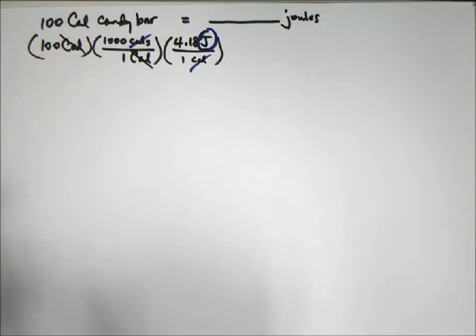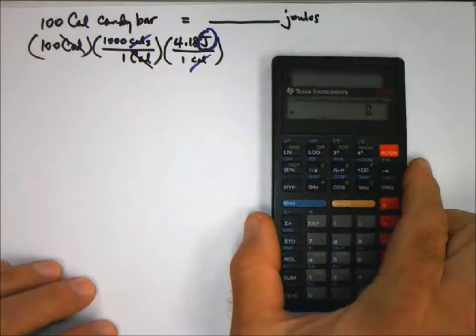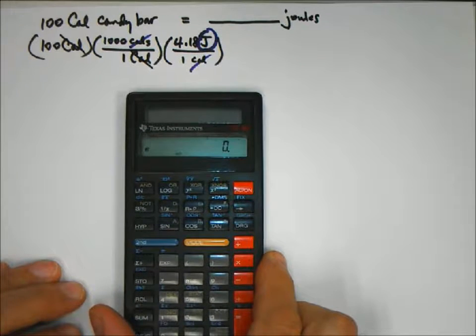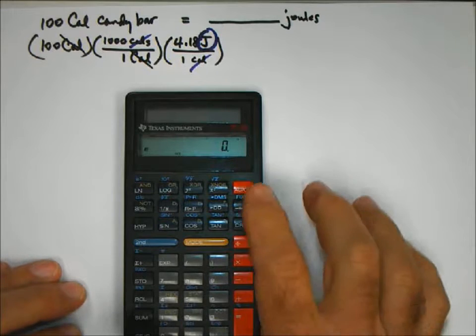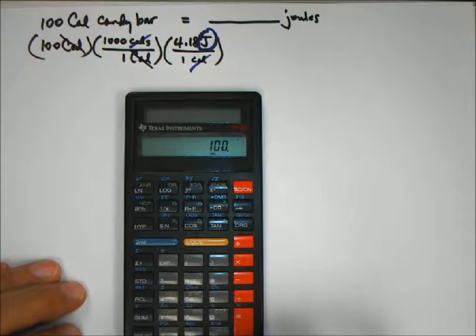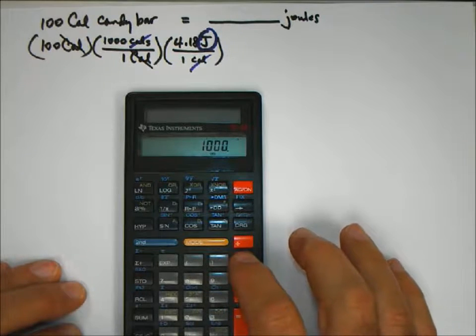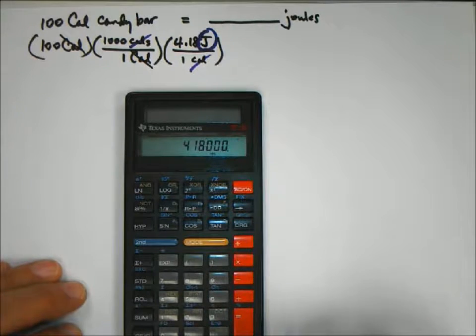Now if I go ahead using my handy dandy calculator here, see if we can get it so you can see the display. I'm going to take 100 times 1,000 times 4.18. And that gives us 418,000 joules.